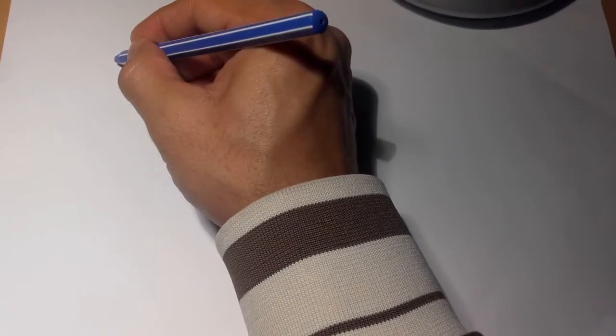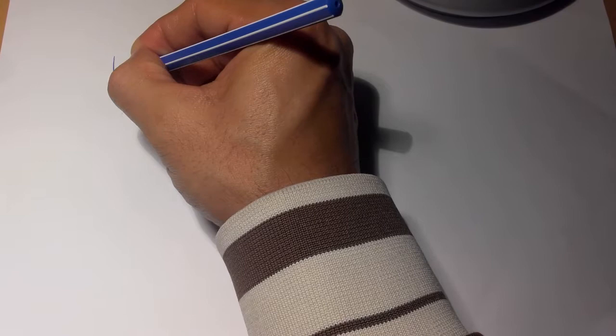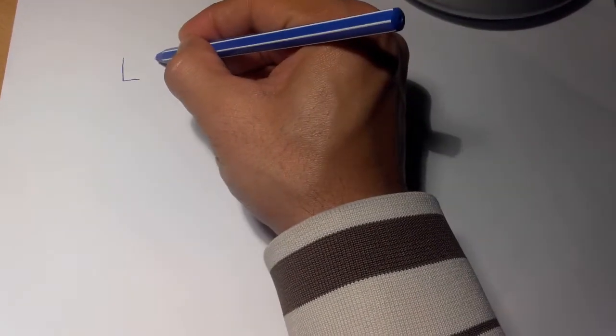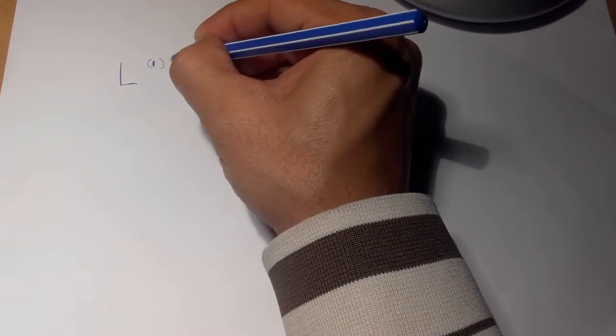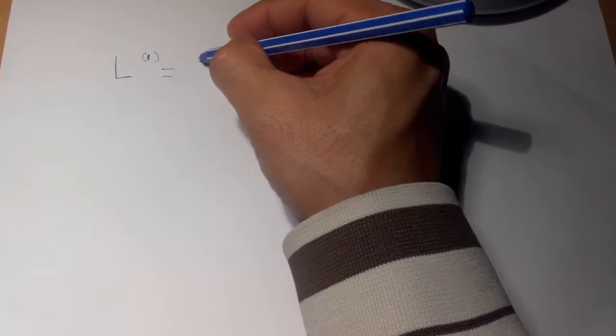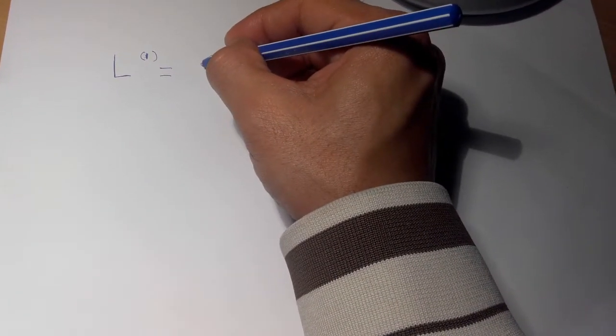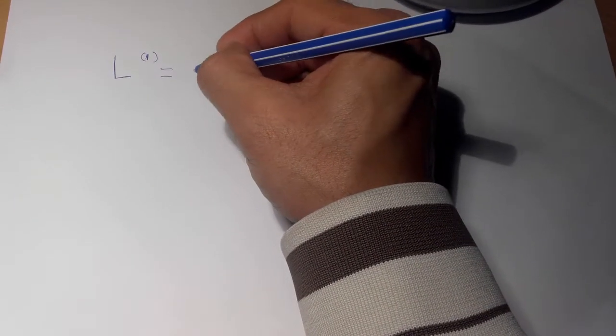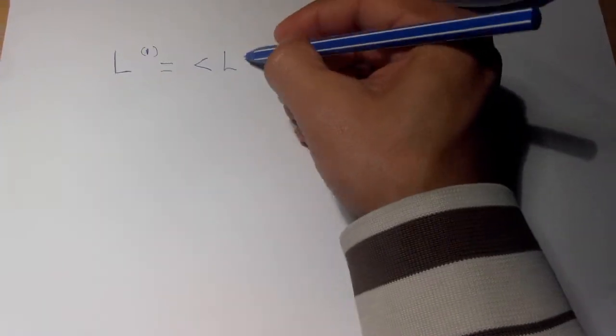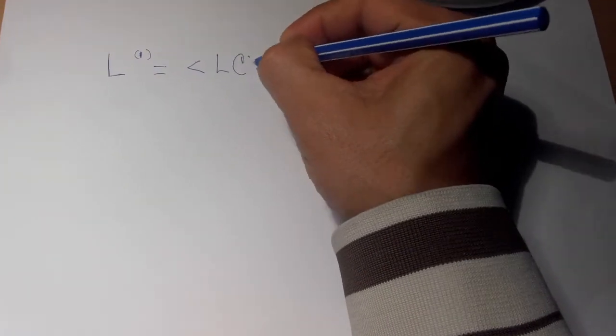Okay guys, let's start with this information about first order logic. In other words, this is going to define L1 equals a tuple of 5, where there are logical constants.